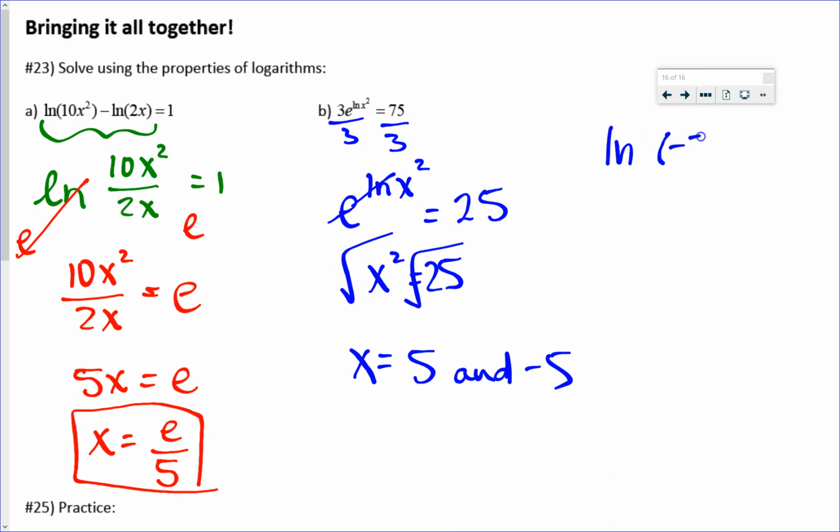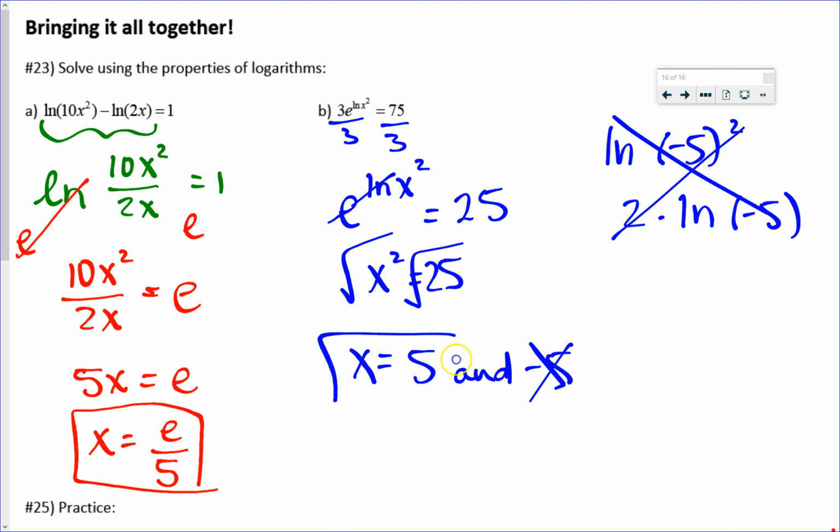It doesn't matter. Even if it's being squared, there is still a negative attached to my log. That cannot happen, because we don't square things and then log them. We actually move the power out of the way, and then we log. So x equals 5 is our only answer for this one.